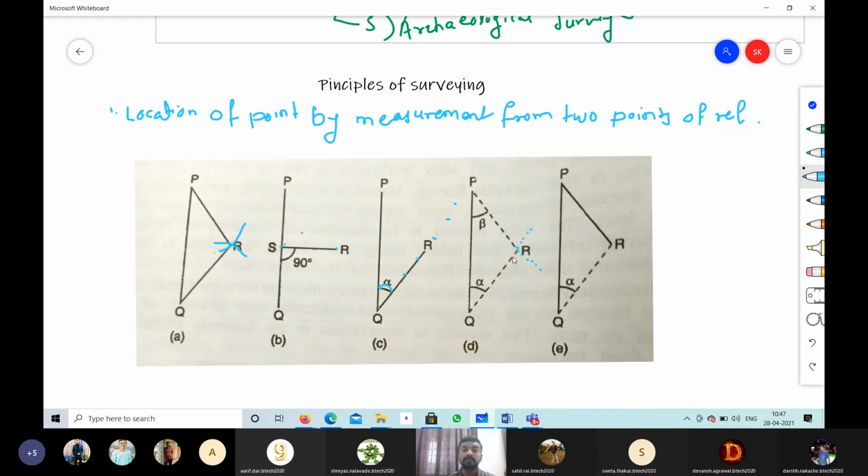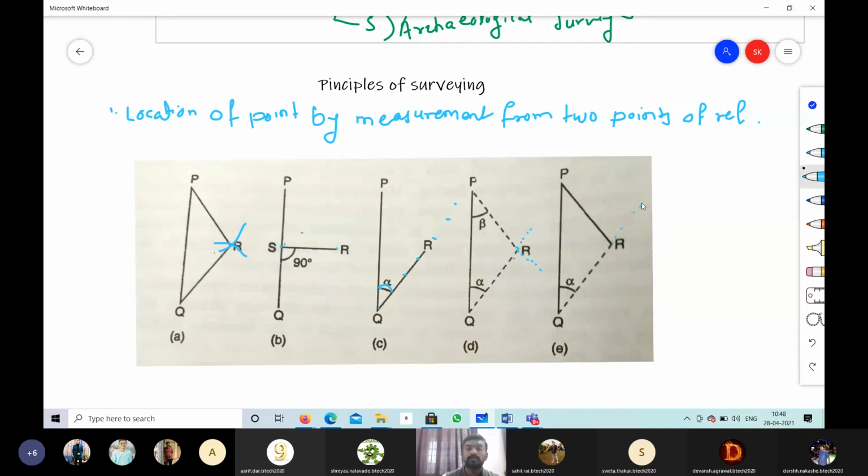Who can explain the fifth case? For this, we need to know one angular measurement and one linear measurement. First we can draw the line by taking the alpha angle, and this line we can draw like this.